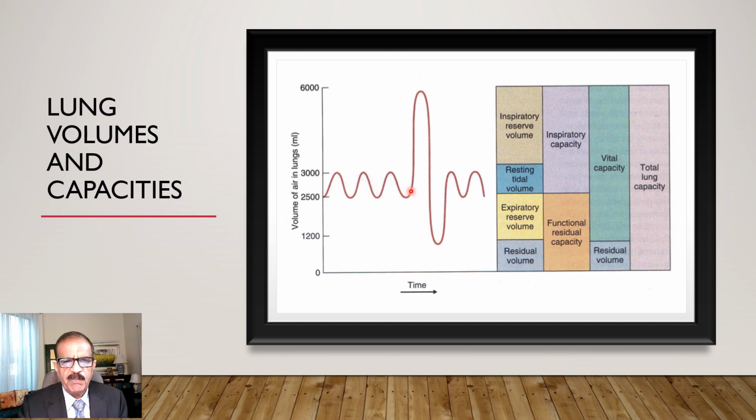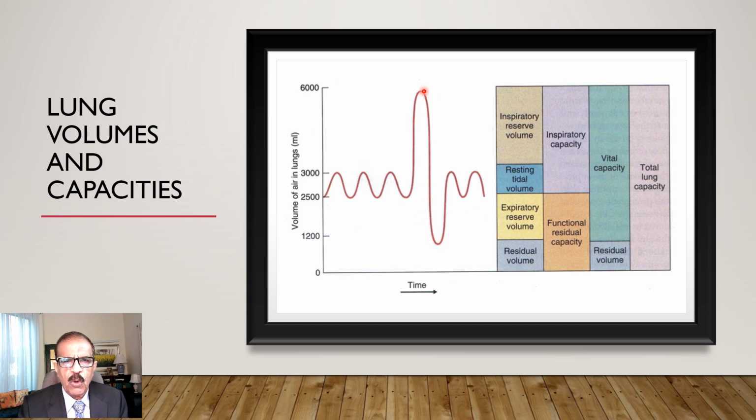At this point, the patient is instructed to take a deep inspiration, as deep as that person can, and this would add the inspiratory reserve volume. Then after this complete inspiration, the patient is instructed to exhale as fully as possible. So this would add the expiratory reserve volume also.